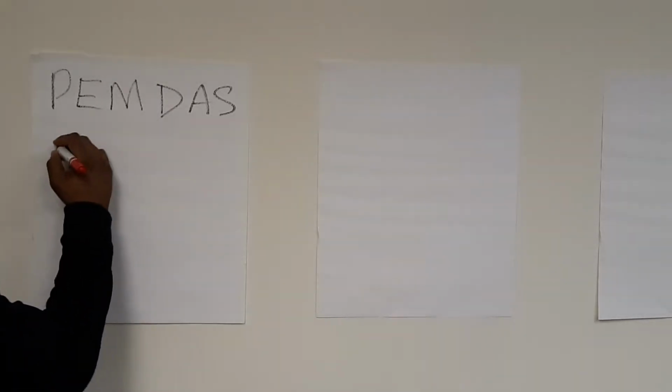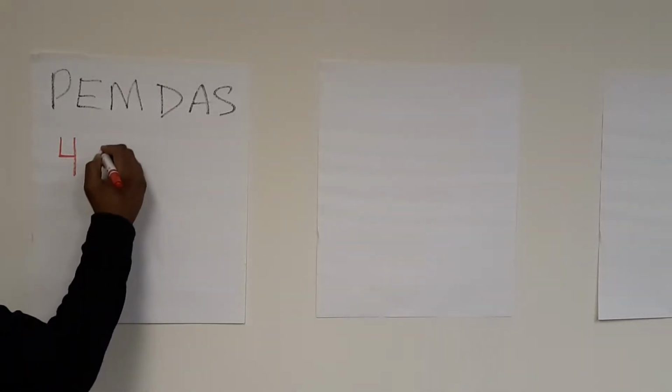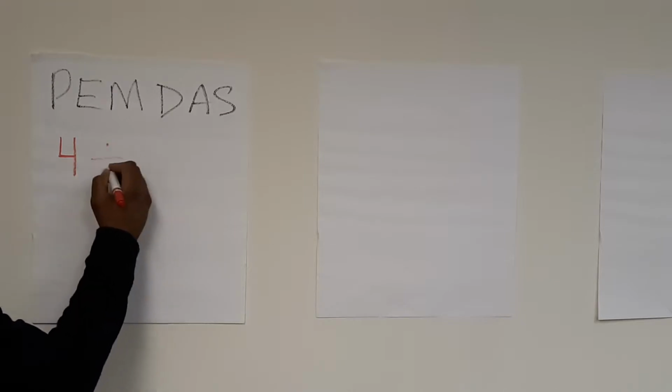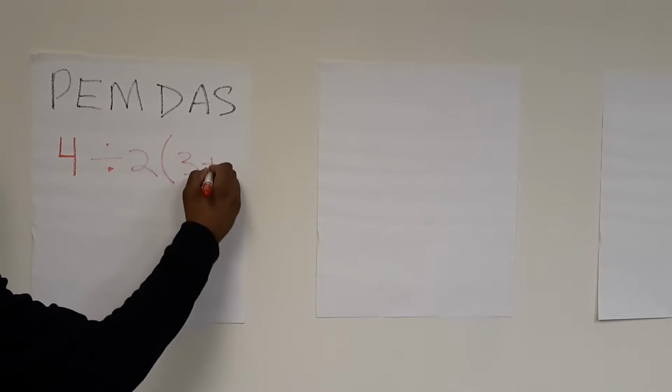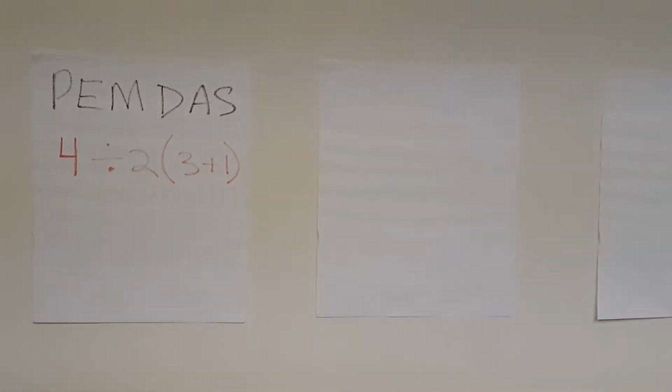So I'll give you a problem real quick. We'll work through it. Let's say this is my problem: 4 divided by 2, parentheses, 3 plus 1. If I'm doing my orders of operation, and I'm trying to remember my PEMDAS, what's the first thing I do in this problem?